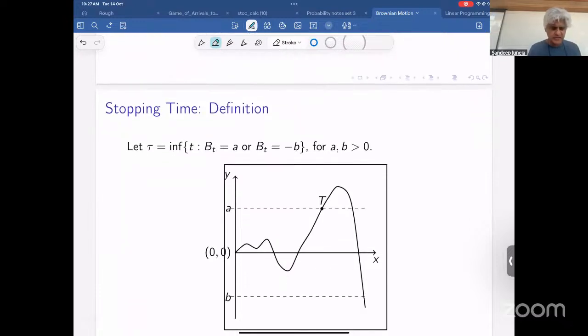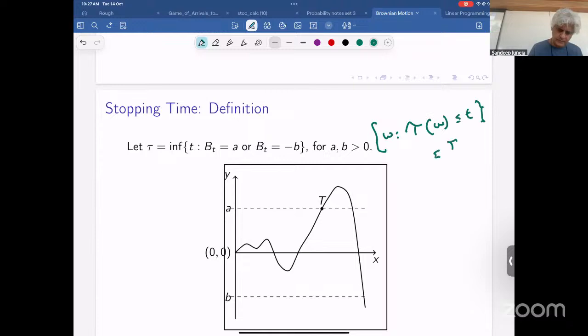Okay, so let's define stopping time now. Exactly again as before, except that now it's going to be in continuous time. Tau is a stopping time if tau less than or equal to t. I should have written these things down, but that's fine. Just to be correct, tau is a random variable on my space.